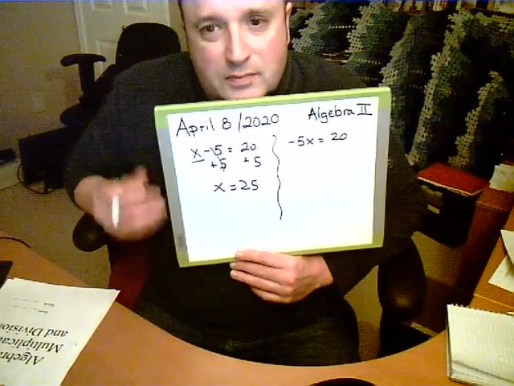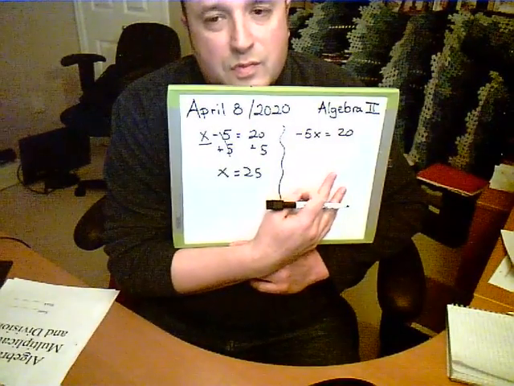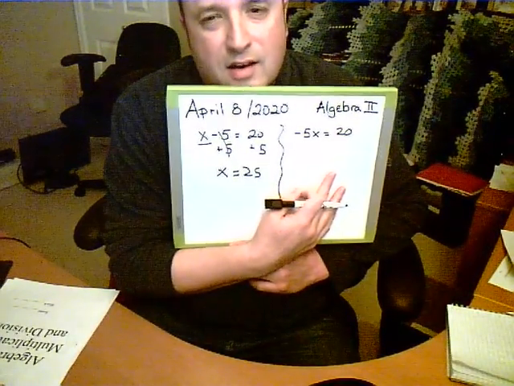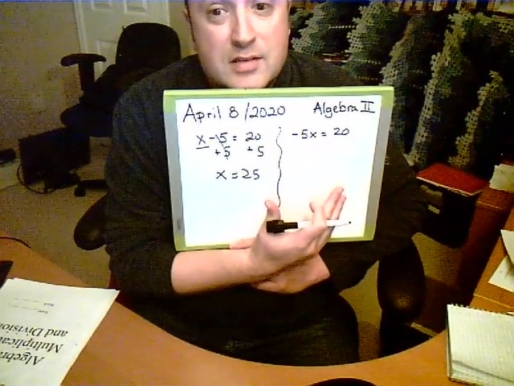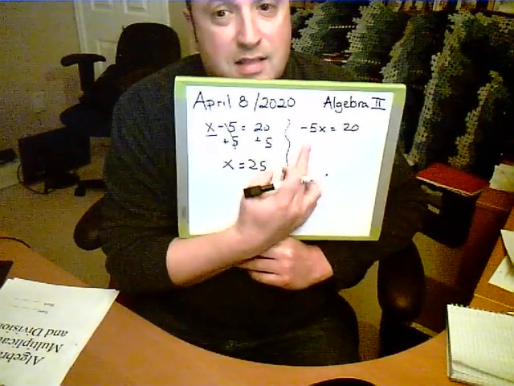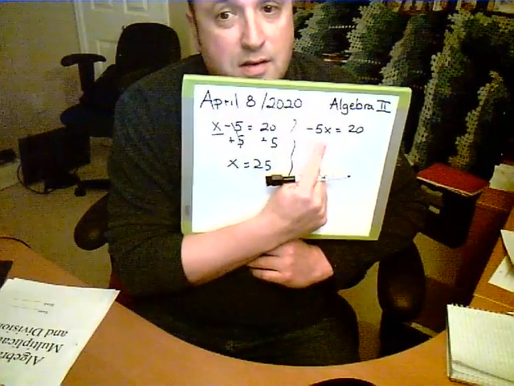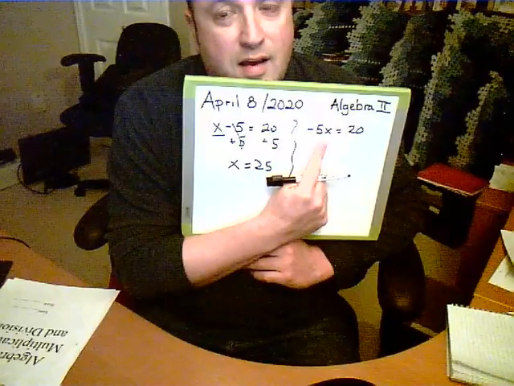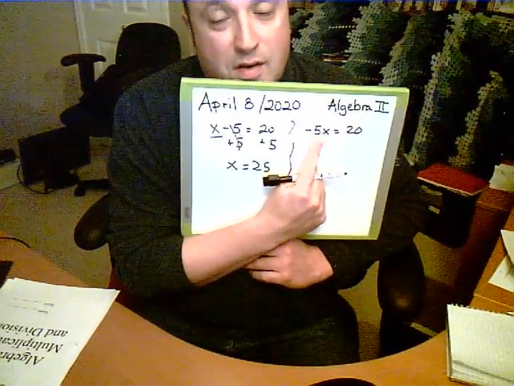So over in the second one over here, this is minus 5x. And now that means minus 5 times x, not minus 5 plus x. And so to isolate the x right there, I have to do the opposite of what's happening to it. And this is being multiplied by minus 5.